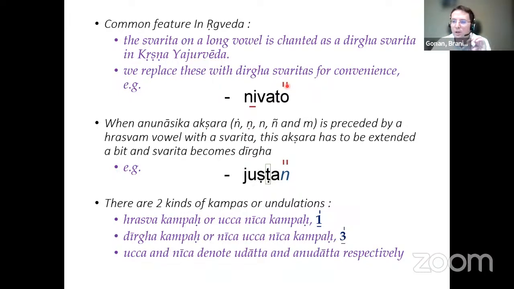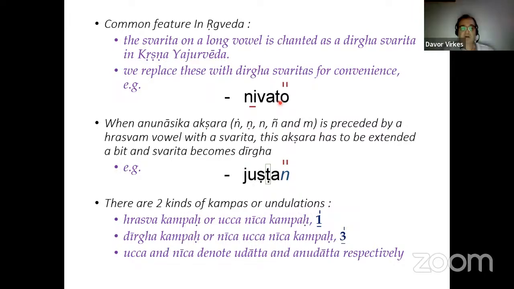But this is also very important. So in this case, it should be nivato, right? This is the common svarita on a long vowel. So on a vowel there is a svarita, and here is our decision to make it easier to chant it as Dirgha Svarita in Krishna Yajurveda.